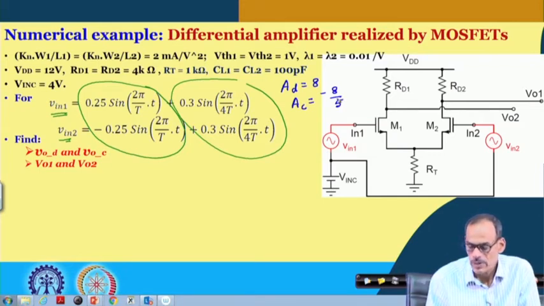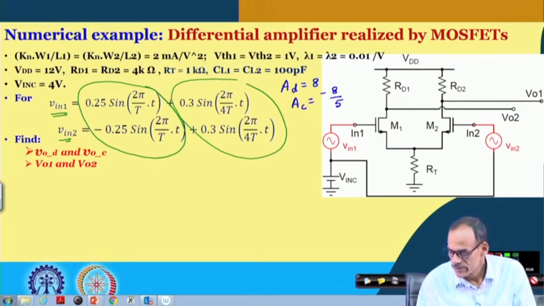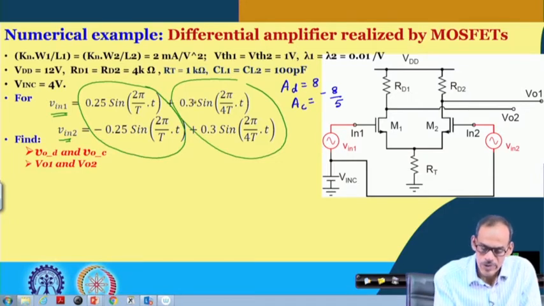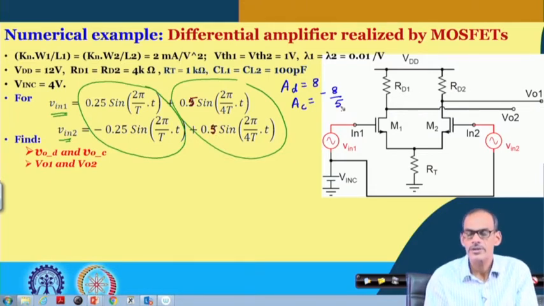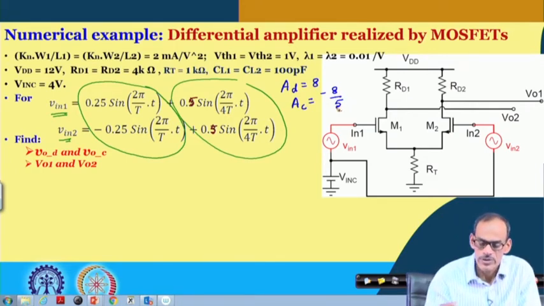Okay. Now, for simplicity of calculation, let me consider this common mode part to be 0.5 instead of 0.3, as the common mode gain is minus 8 by 5, since we have 5 in the denominator. So, let me consider 0.5.